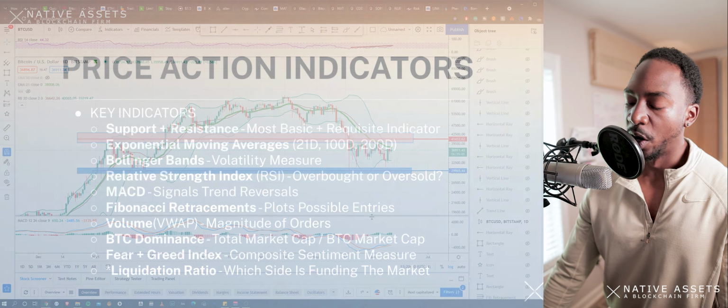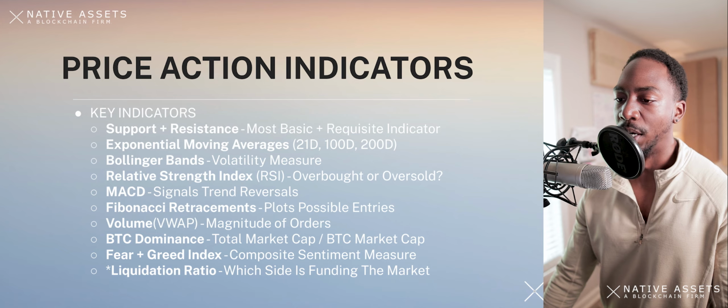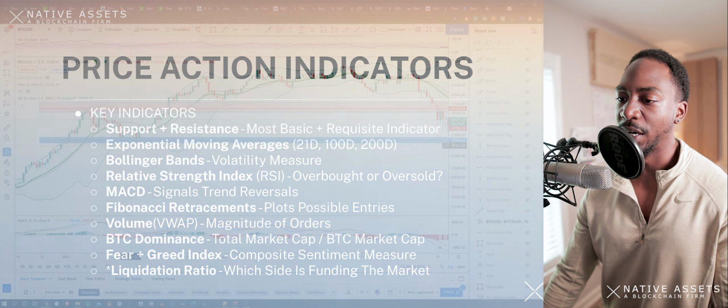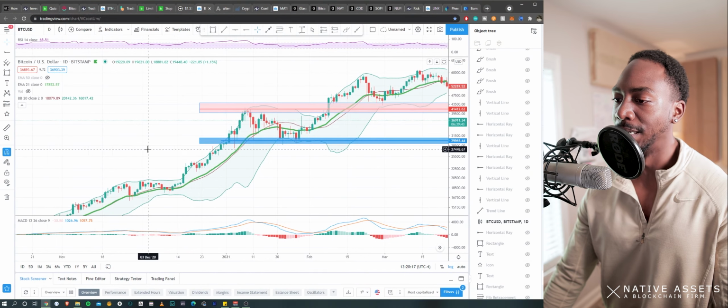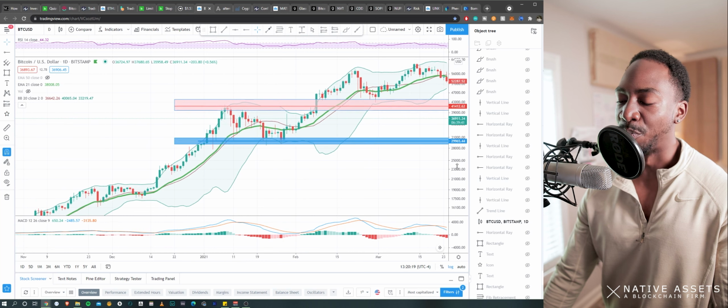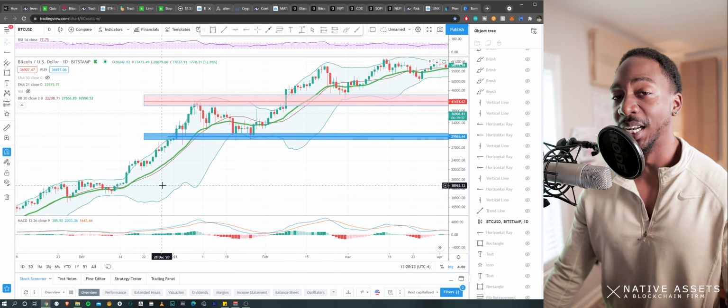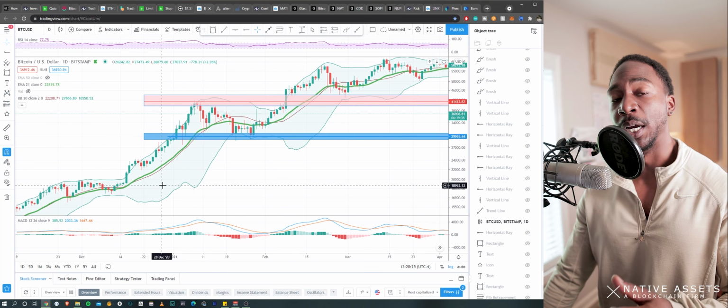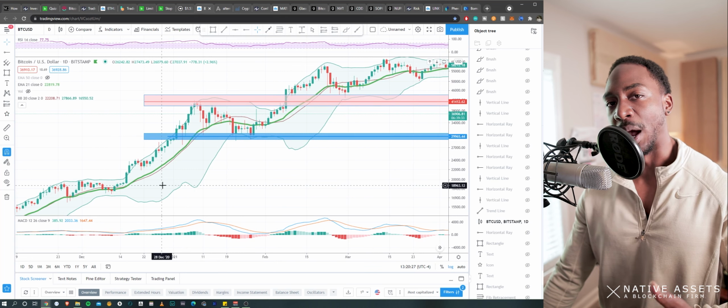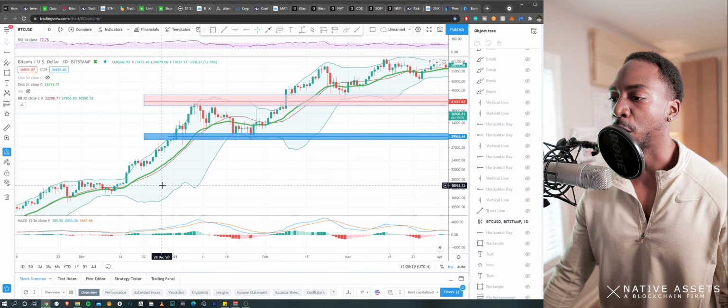Now, after that, we have the Fibonacci retracement. Let me try to give you a clean example here. Basically, the Fibonacci retracement is some mathematics based on the Fibonacci sequence of numbers, but all it really serves to do is demonstrate where you could see some price retracements and where those targets could be to the upside.